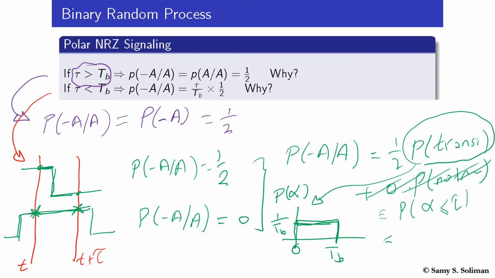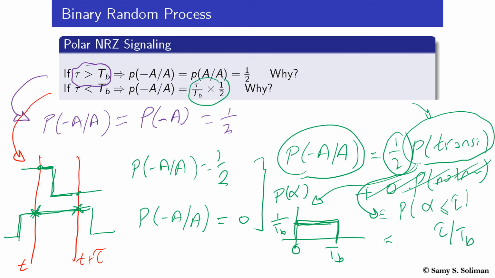So that is simply tau over TB. So this is the probability of transition, which means that the conditional probability of negative A given A is equal to half times tau over TB.